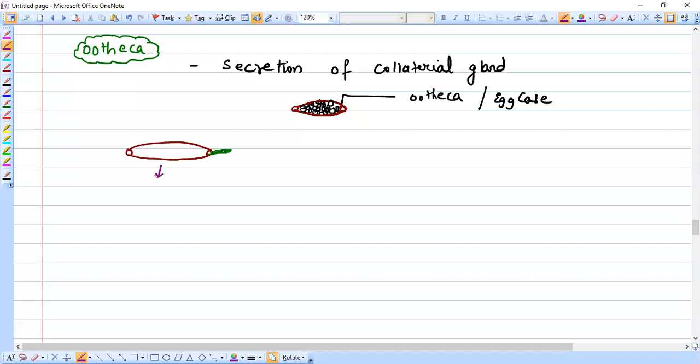So when we talk about Uthika, remember certain important points. Dark reddish to blackish brown capsule. So it appears something like this.